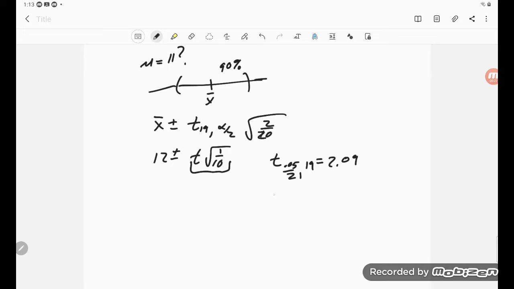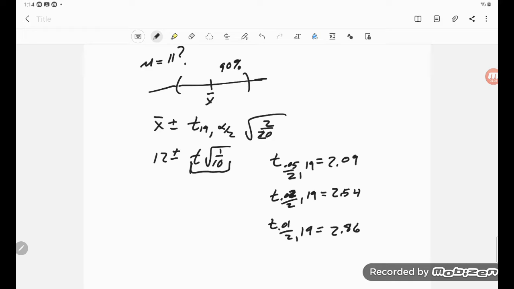If I take that out to like a 98% confidence interval, t of 0.02 divided by 2, 19 is like a 2.54. And I can go clear out to like a 99% confidence interval. And if I use something like Excel, I could probably figure out even bigger numbers, but this is a 2.86.